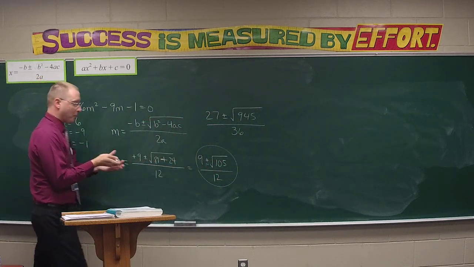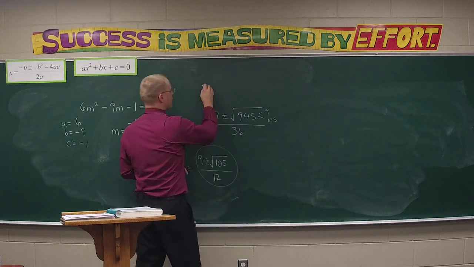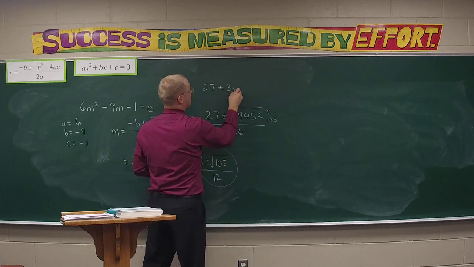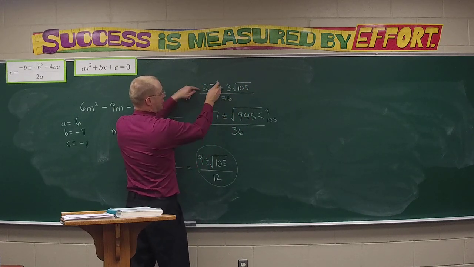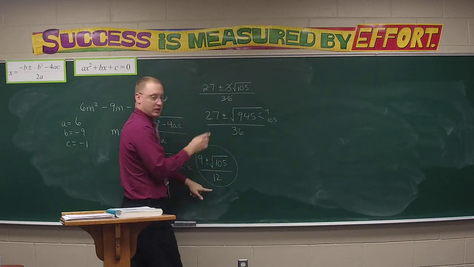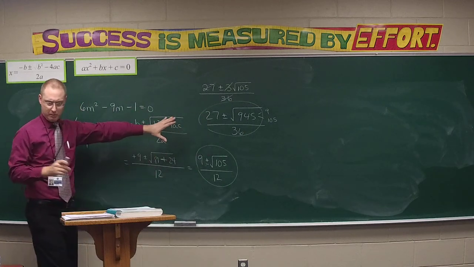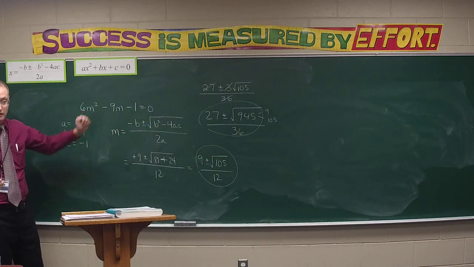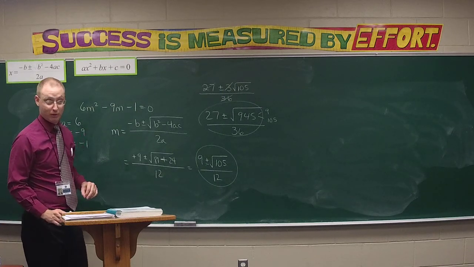All right, it's not wrong, but here, because this factors in 9 times 105, this could become 27 plus or minus 3 times the square root of 105 all over 36. And you knock a 3 out to get 9, 3 out to get 1 square root of 105, and a 3 out to get 12. So this answer isn't wrong, it's just not finished reducing. Make sense? All right, questions on that? Anyone not get either of those answers, and we need help?